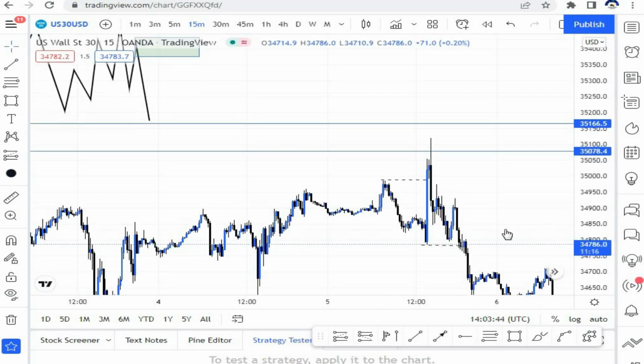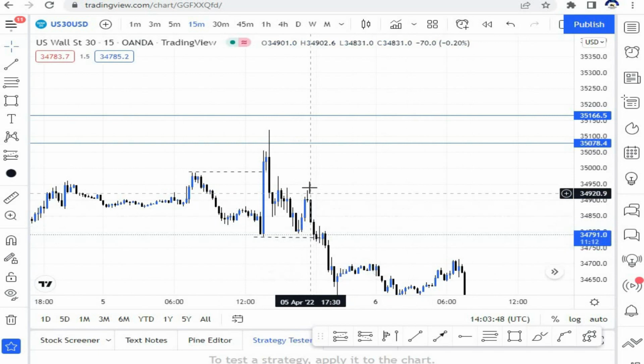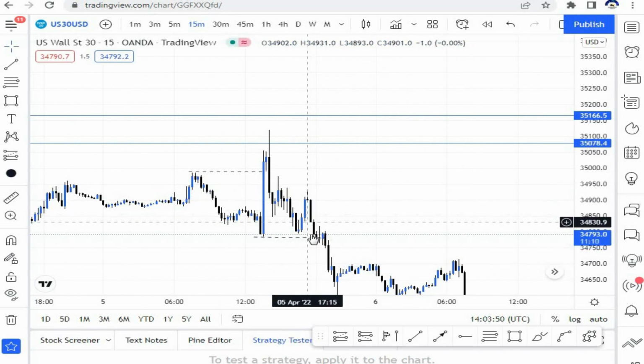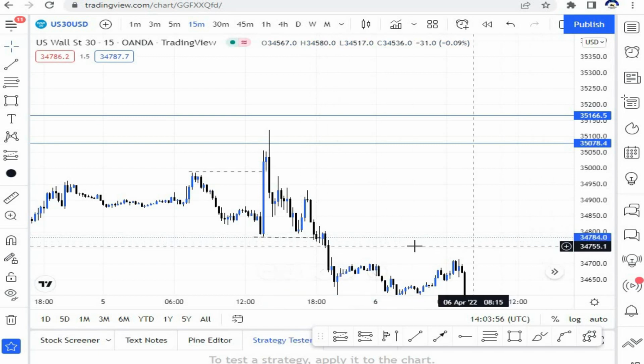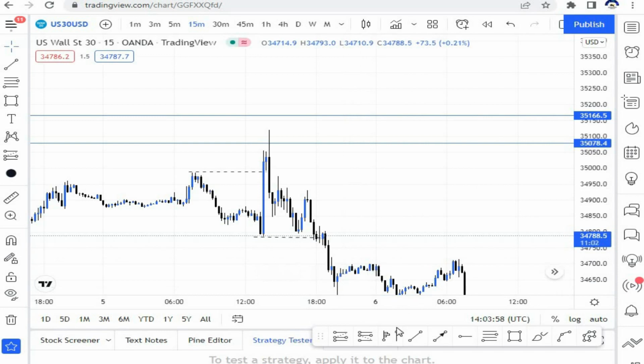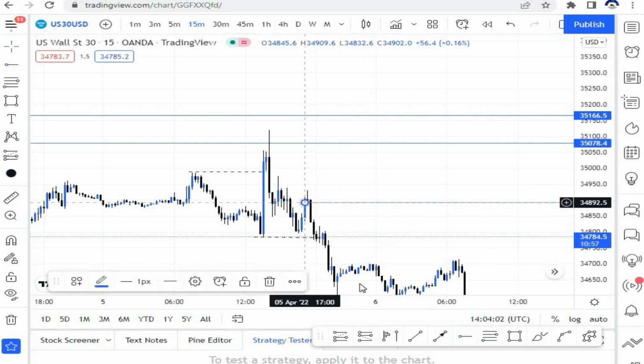So you're now focusing on your change of character, and you can see, guys, there was no opposite candlestick, and also this opposite candlestick was created after the break of structure. So we're going to wait for our entry at this zone area.